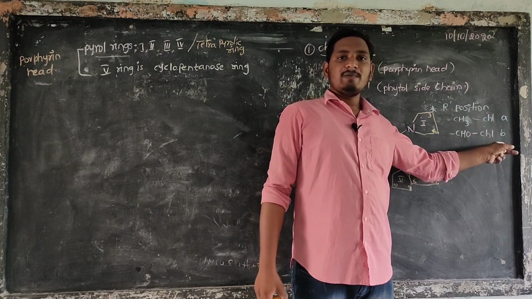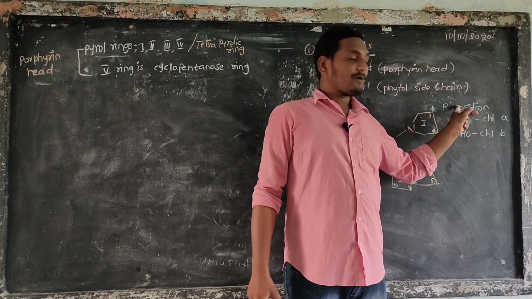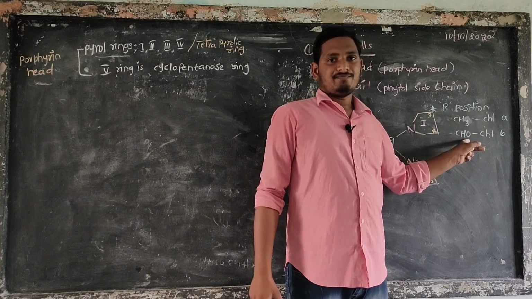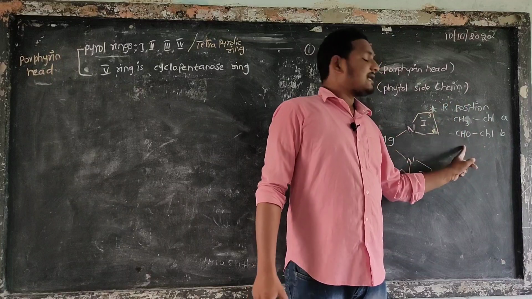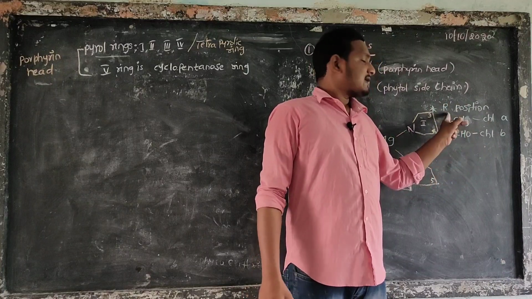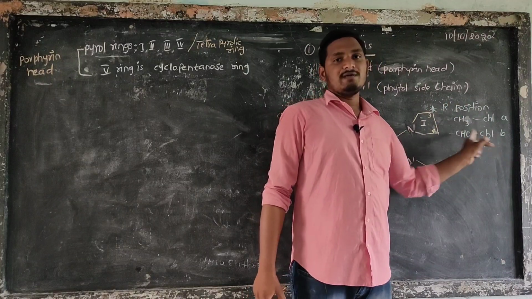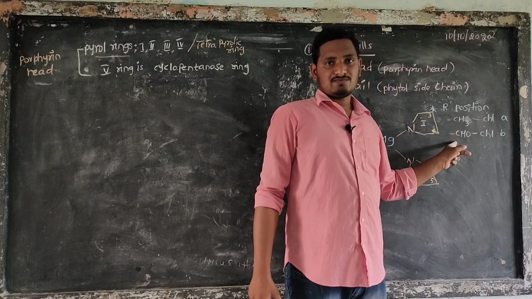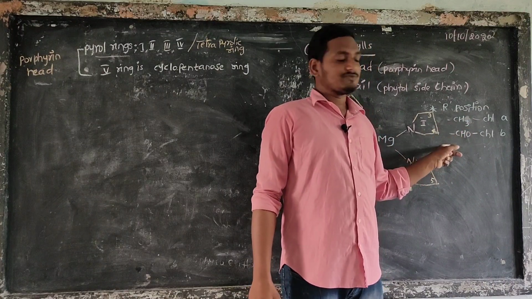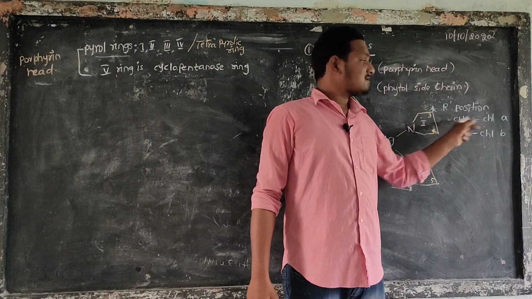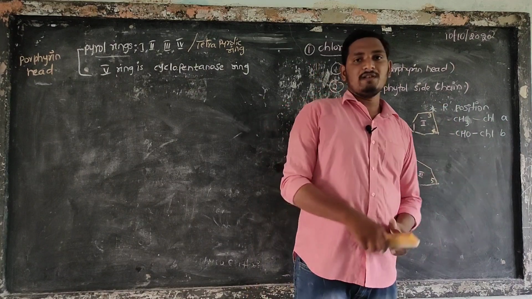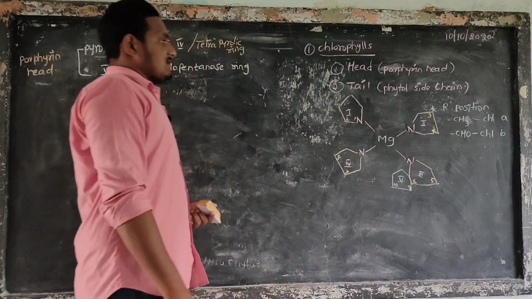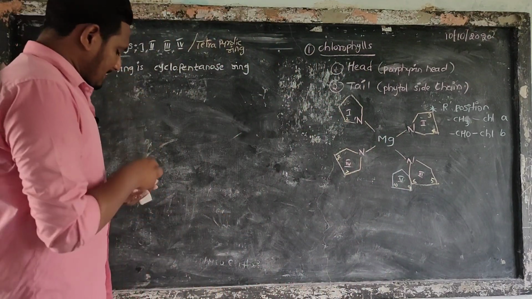In chlorophyll B, the R position is occupied with an aldehyde. These two are the functional groups. Functional group methyl means chlorophyll A. Functional group aldehyde means chlorophyll B. That is the feature of chlorophyll A and chlorophyll B.